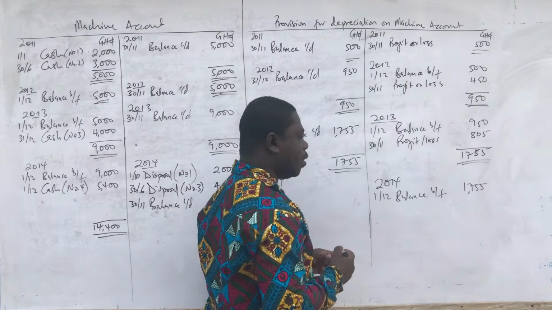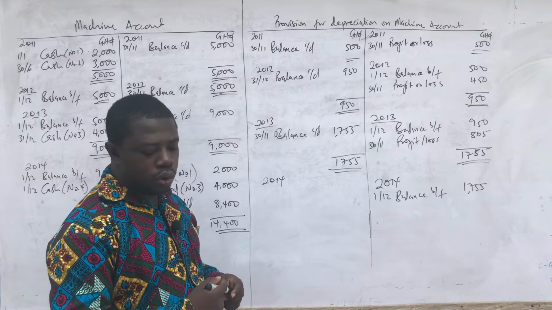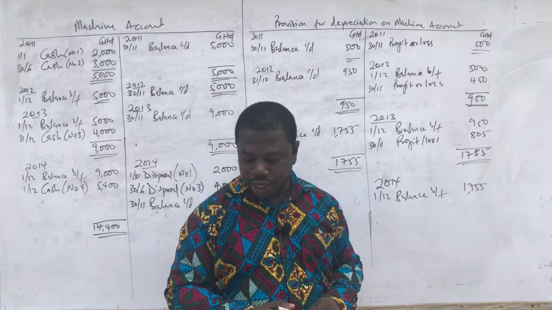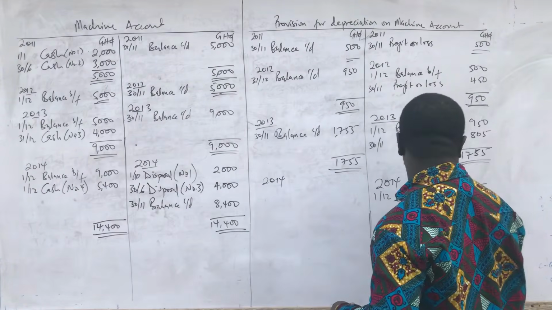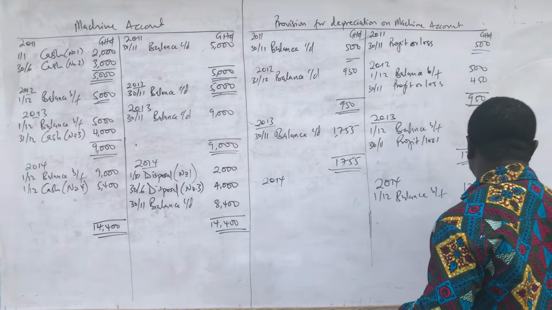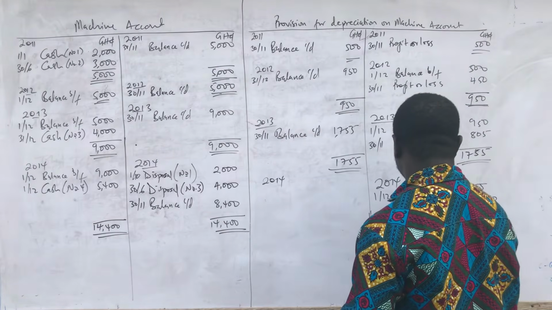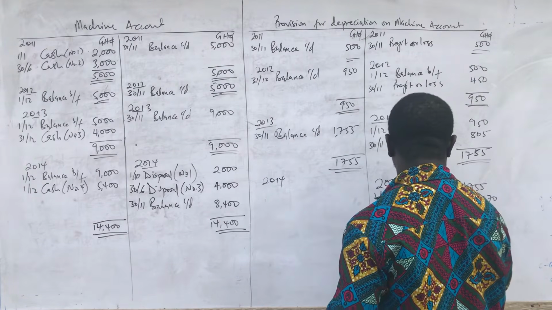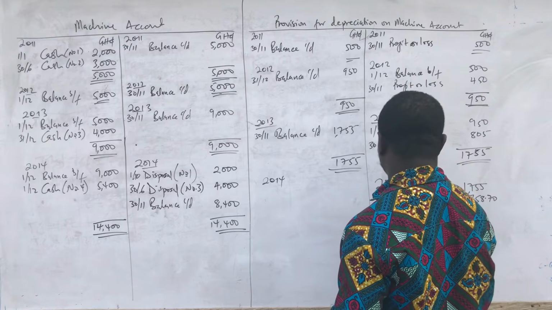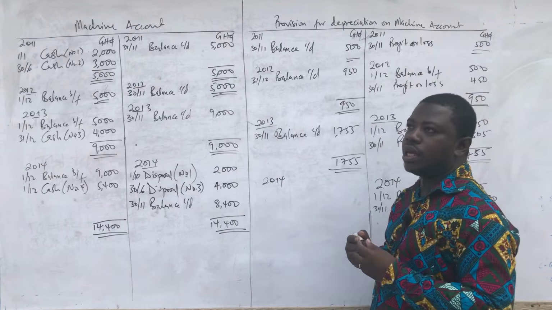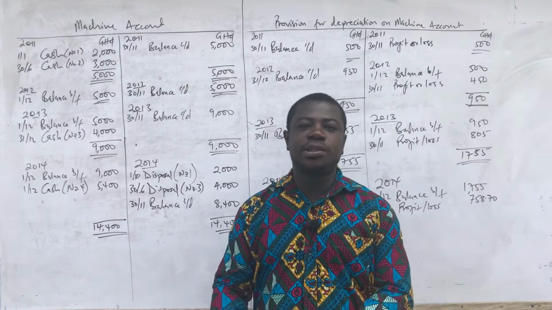1,755. And then we'll look at the depreciation charge for the year. The depreciation charge for that year was 758 cedis, 70 pesewas. So that will be our profit or loss, which is on the 30th of November. Now, there was disposal.